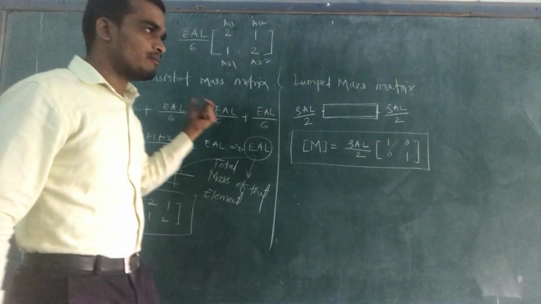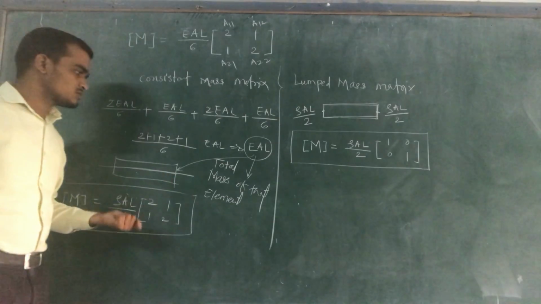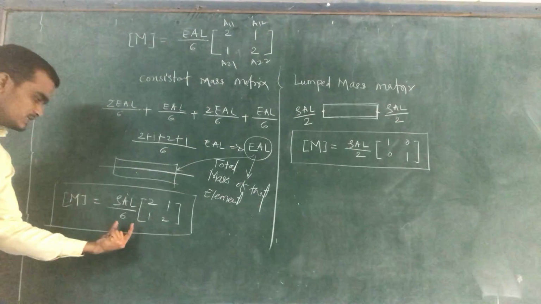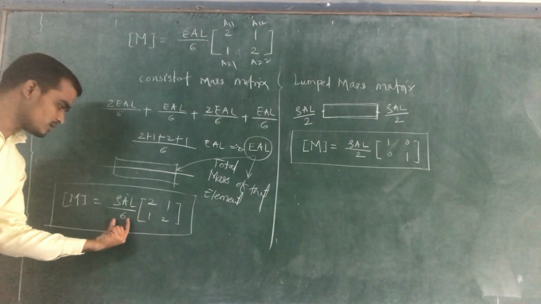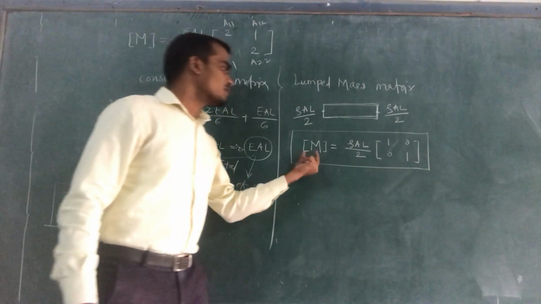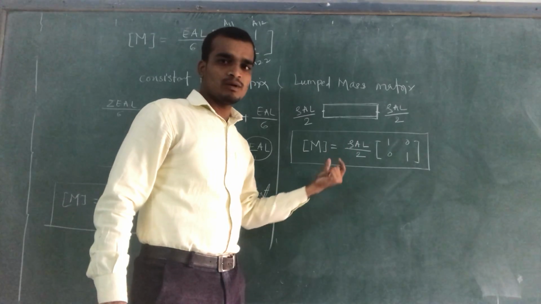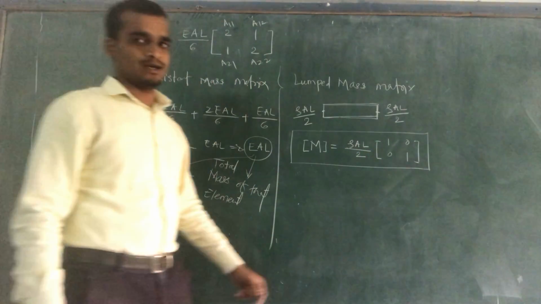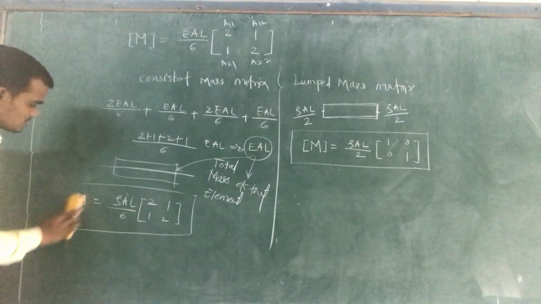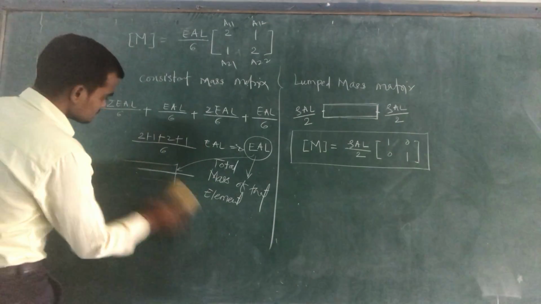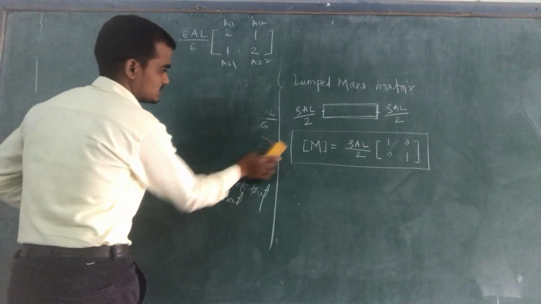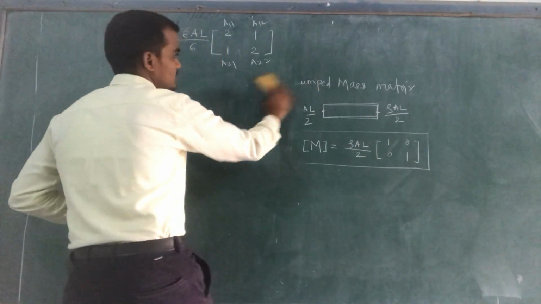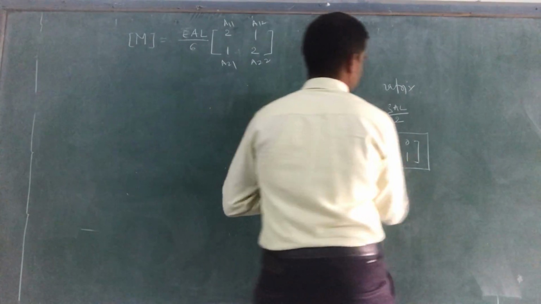So both systems will be asked in the exam, so try to remember this mass matrix. The consistent mass matrix is given as rho into A into L by 6 into this matrix, and the lumped mass matrix is given by rho into A into L by 2 into 1 0 0 1. In this way we have distinguished the consistent and lumped mass matrix systems.